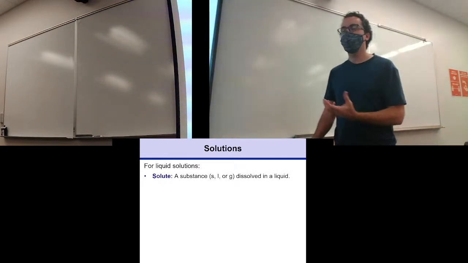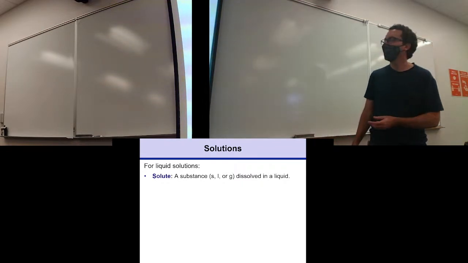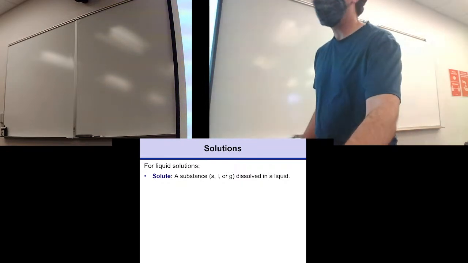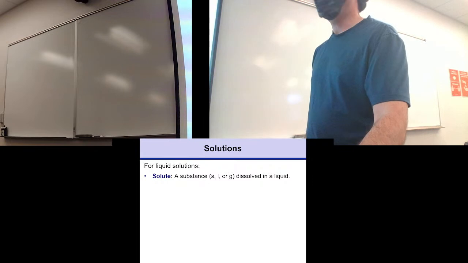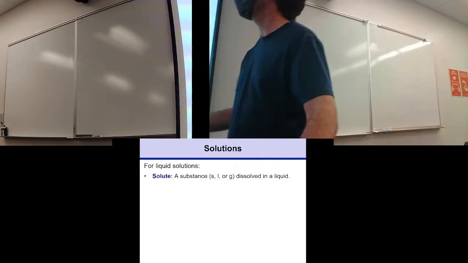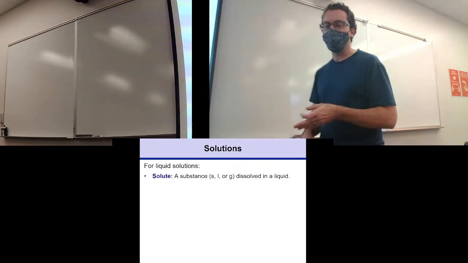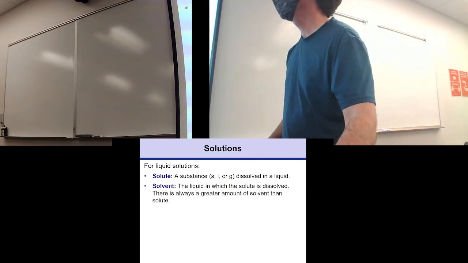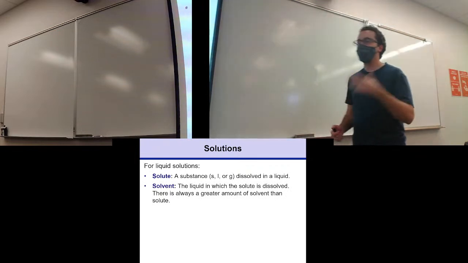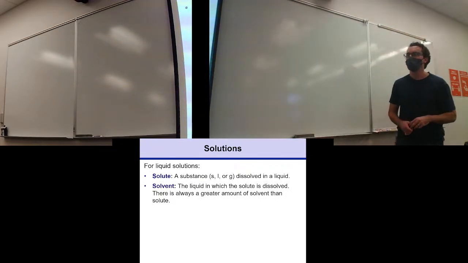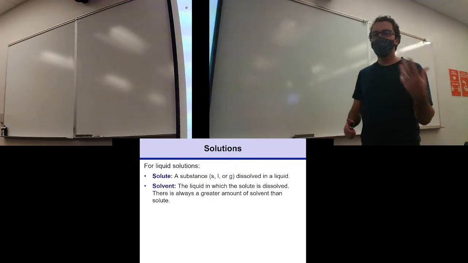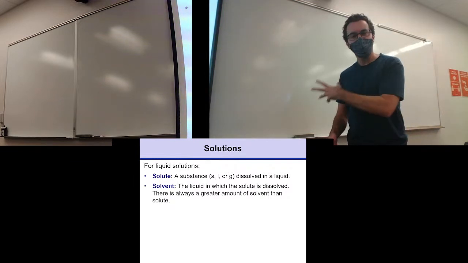And those solutions, we're going to have two components mostly. There's going to be a solute. And the solute is the substance, whether it's solid, liquid, or gas, that dissolves in a liquid, if it's a liquid solution. Your solvent is that liquid that you're dissolving stuff into. So a solution is a solute and a solvent.